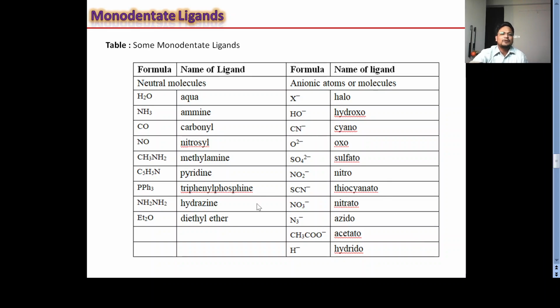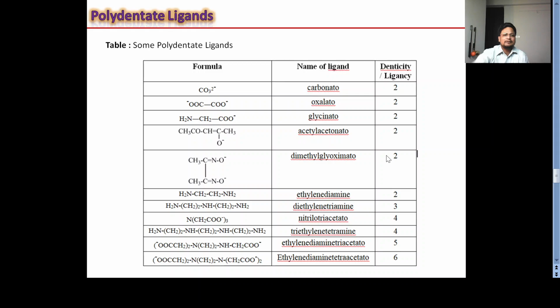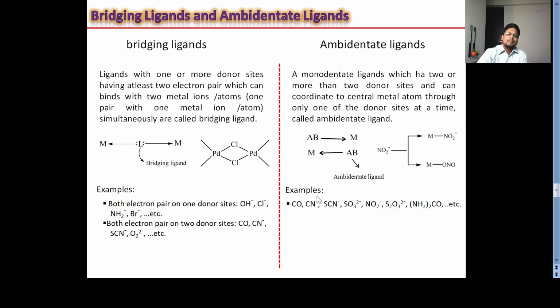There are a few examples of monodentate ligands we can easily see from the table. Another one is some polydentate ligands. We are very familiar with ethylenediamine. So this is the en ligand whose denticity is 2, meaning it donates 2 electron pairs from two different atomic sites.